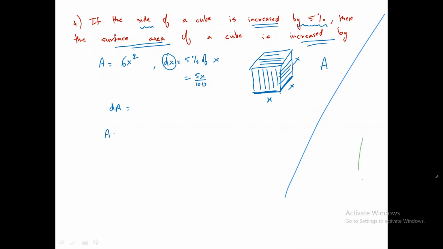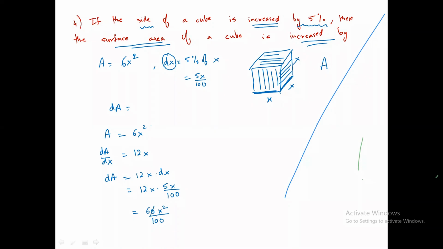So what we will do? We will take A equal to 6x square. We will find the derivative. dA by dx equal to 12x. dA will be 12x into dx. That is 12x into dx, which is 5x by 100. That means we have 60x square by 100.